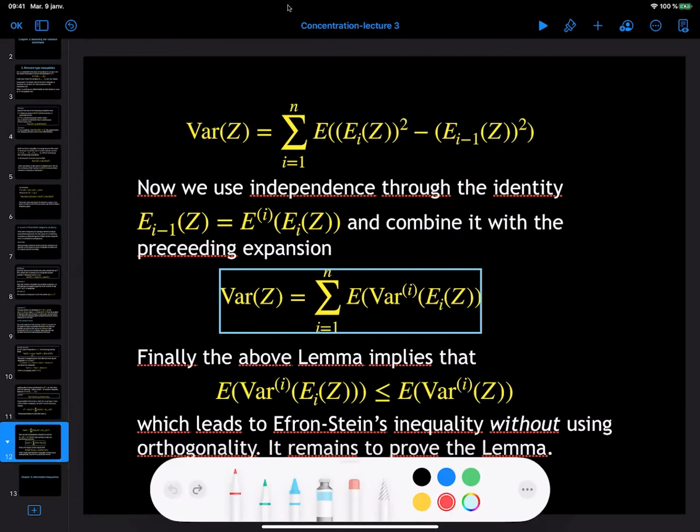The lemma allows you to put this guy outside the variance. And when you combine expectation with conditional expectation, it disappears. Okay? So it gives you this.